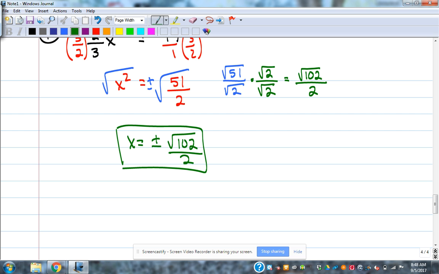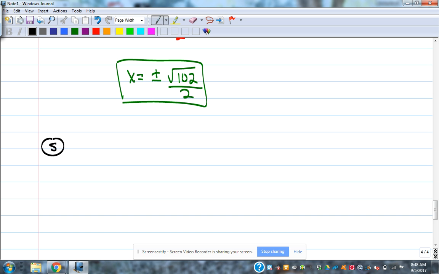There's an answer there. You could break down 102. I mean, it's still 51 and 2. It's not going to simplify any there. Let's look at one that looks a little different in the fact that the x is not squared. It's x plus 4 that's squared. Getting ahead of myself.